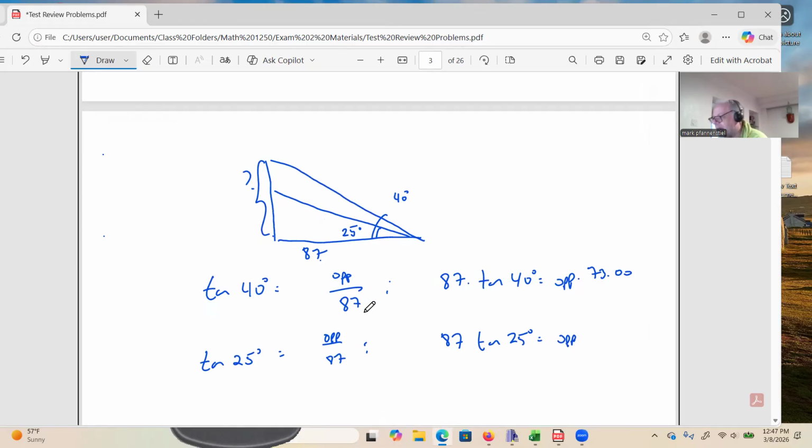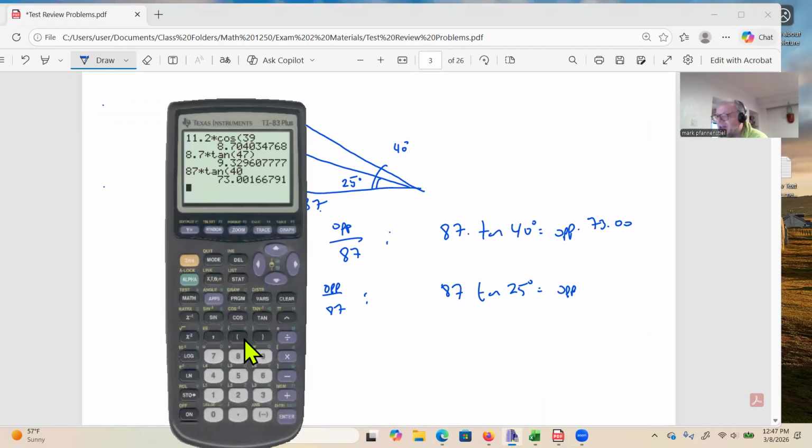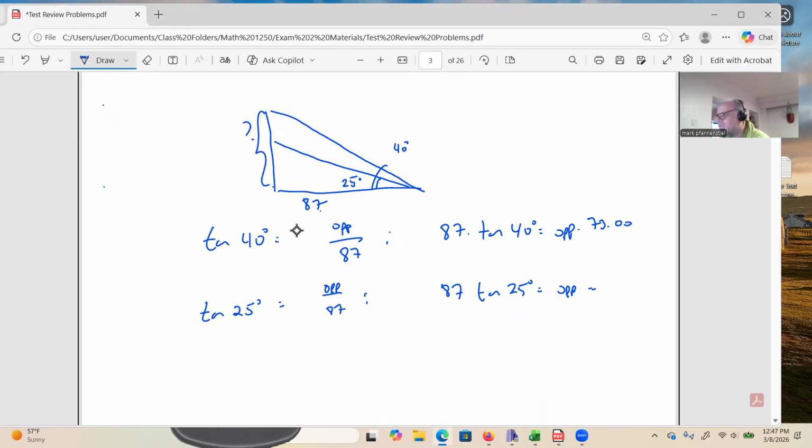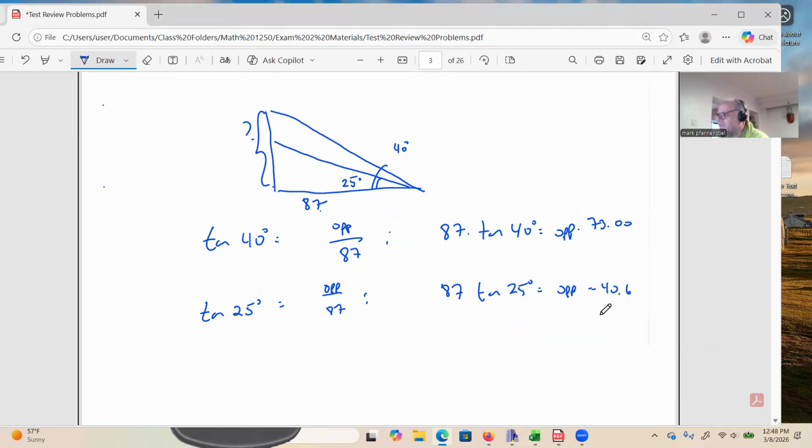Times the tangent of 25 equals 40.6 for the whole thing. Actually, we don't have to go to one decimal place. It says find it to the nearest foot, doesn't it? Yeah, it sure does. So we don't even need that, but we'll round that in a moment.